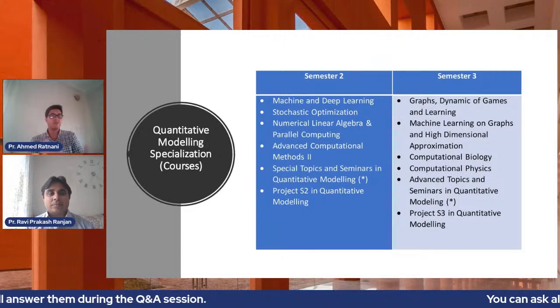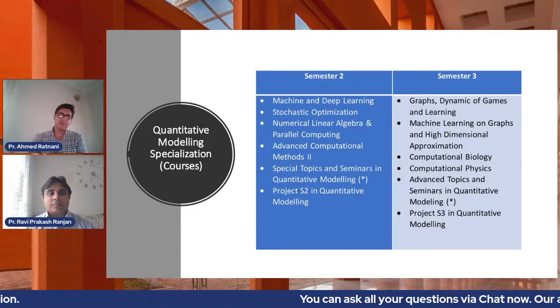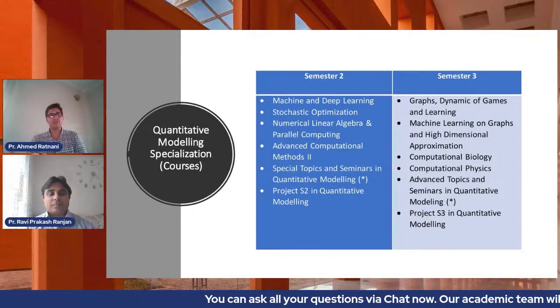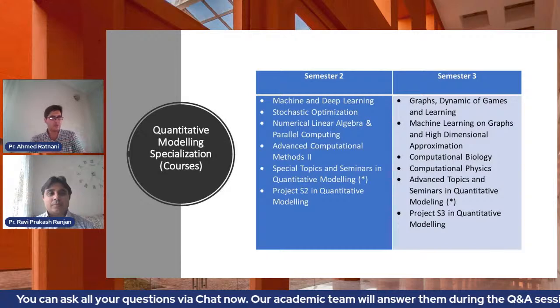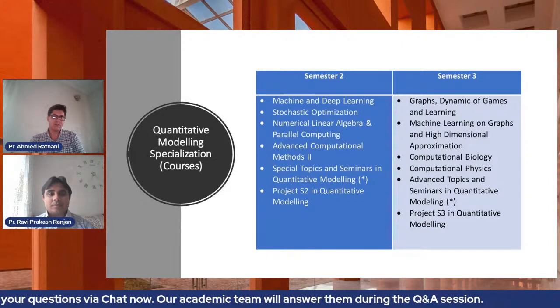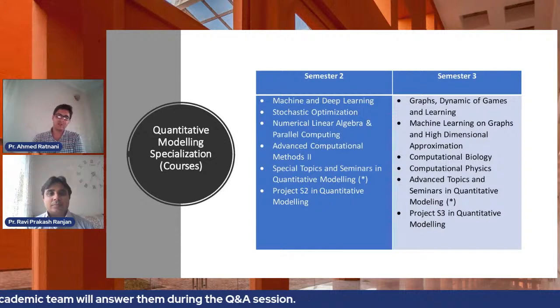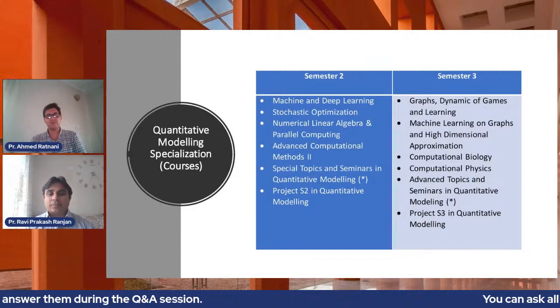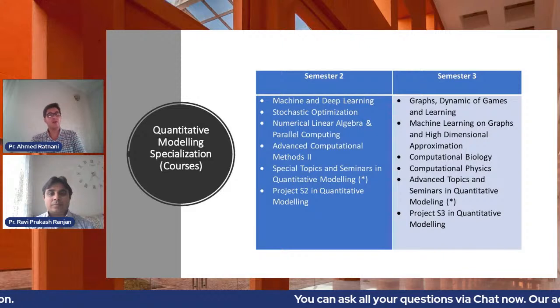It can be in finance for solving the Black-Scholes problem, or it can be in physics or chemistry or biology and so on. What we want is that the students learn how to model, to understand what's happening in real life, or the problem that he is modeling, and then to implement it, solve it, and understand the mathematics behind it. He or she will also be able to choose some selection of courses.